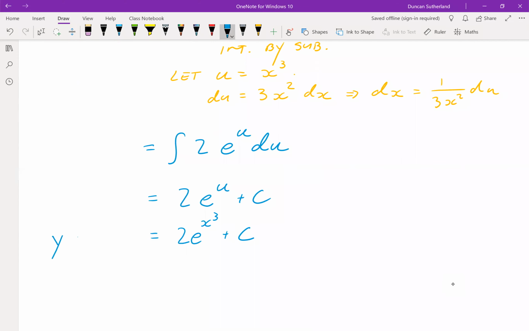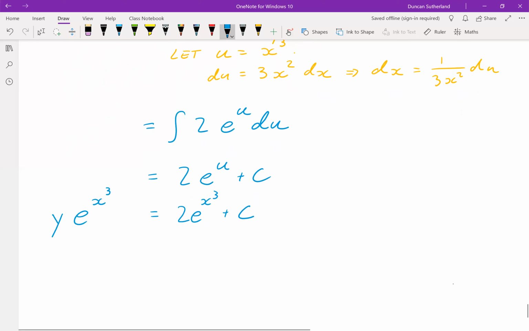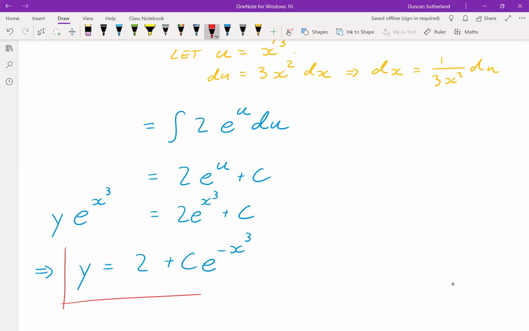So I'll just copy this down because I can't see my solution anymore. And I'm just going to divide throughout by e to the x cubed. A very popular mistake is to forget to divide the constant by e to the x cubed, and I'm just changing my index using my index laws. But there we have it. That's our solution to this problem.